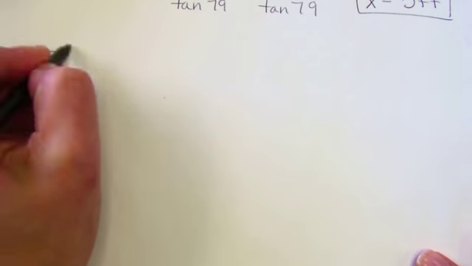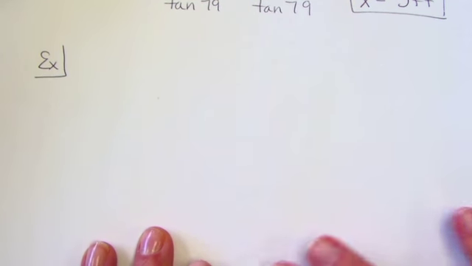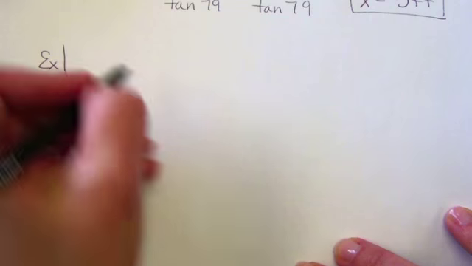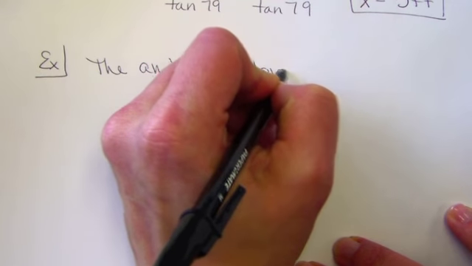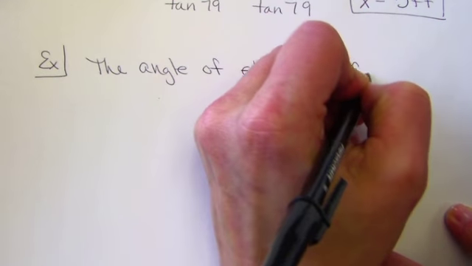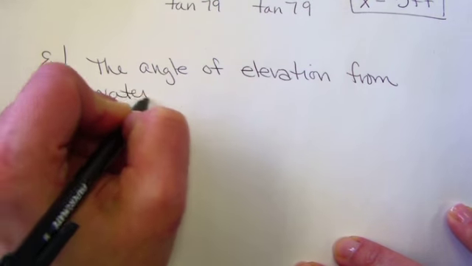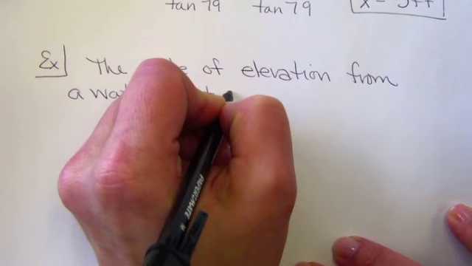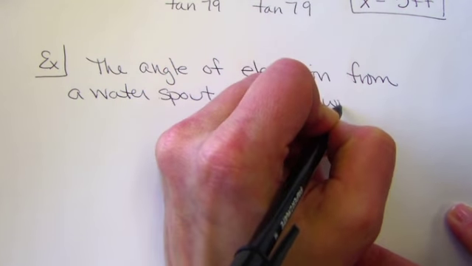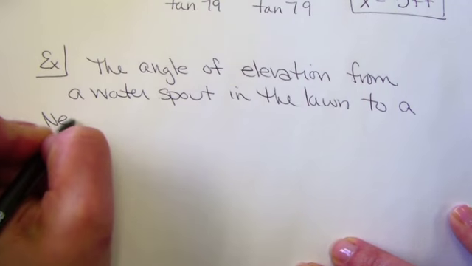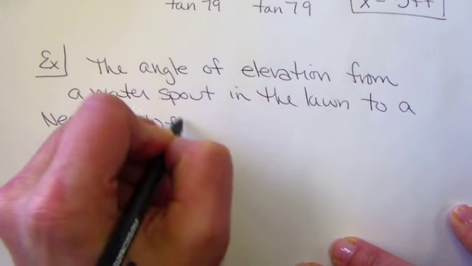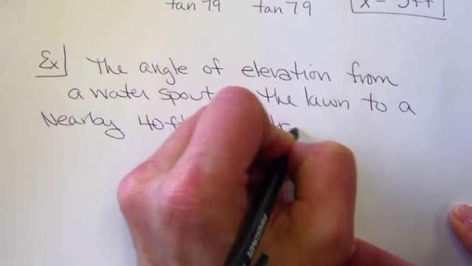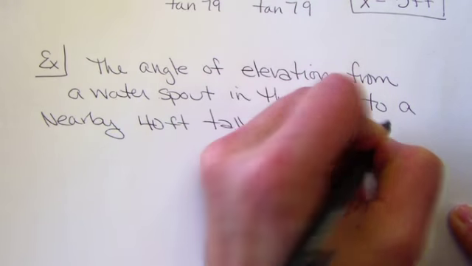All right. Let's do an example with angle of elevation. Okay. The angle of elevation from a water spout, like a sprinkler, in the lawn to a nearby 40-foot tall tree is 41 degrees.